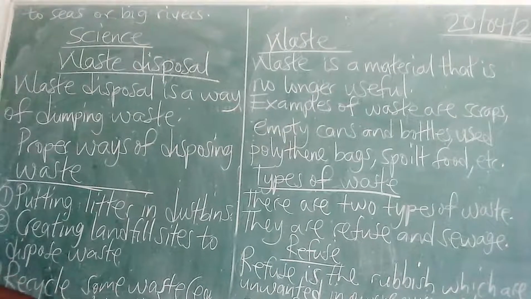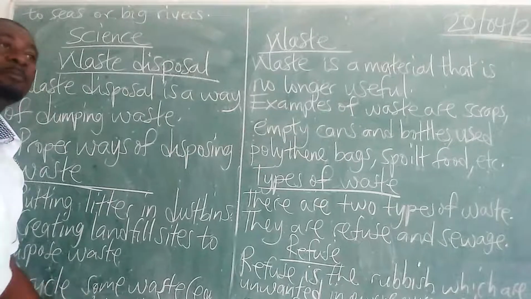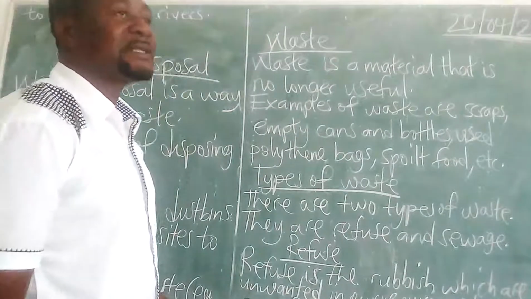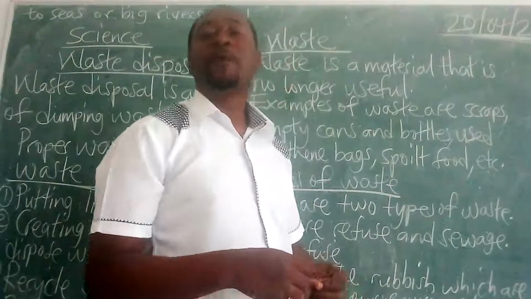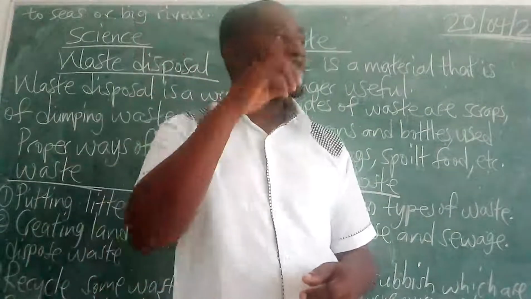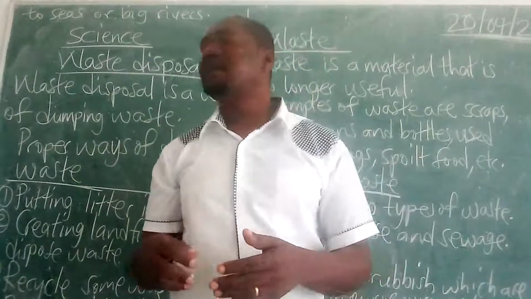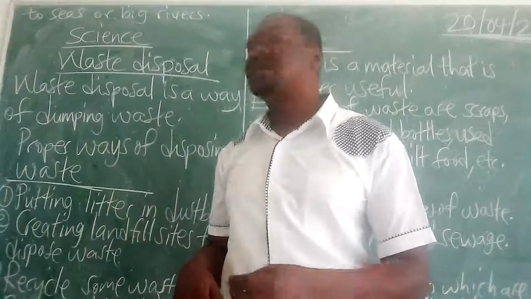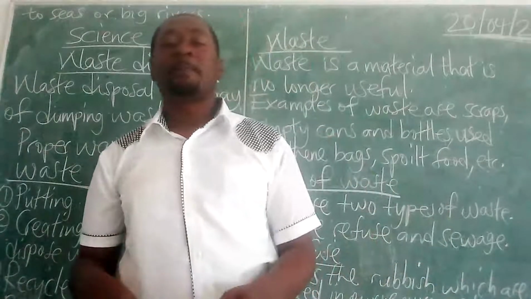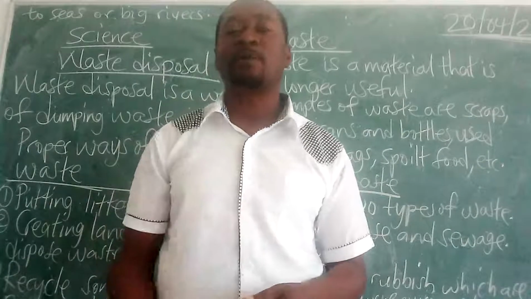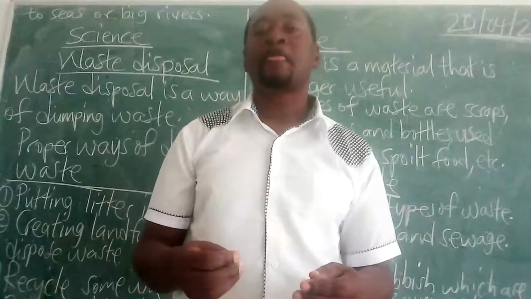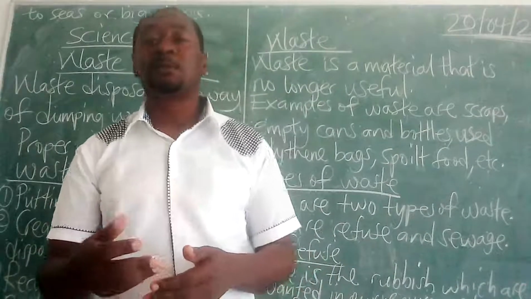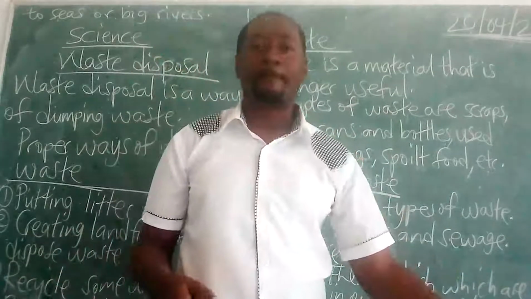Then the next one is to recycle some waste. For example, papers, bottles, and glasses. Sometimes we see empty cans, empty bottles, and papers all around. But if we are able to recycle them, like paper for instance, we cut trees and use them to process paper.